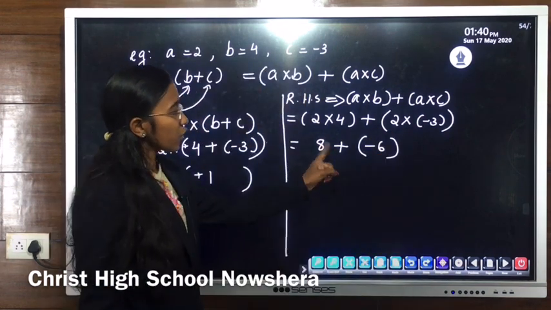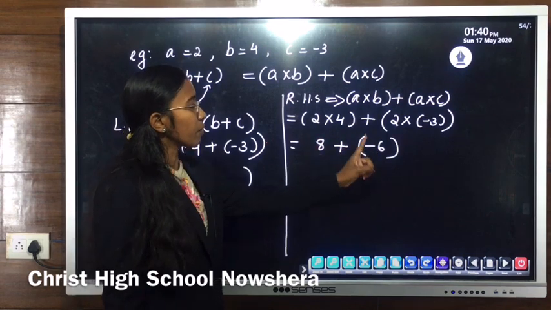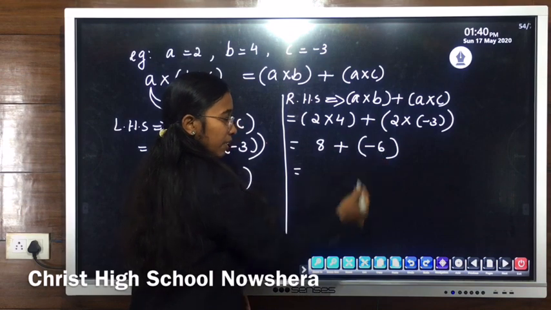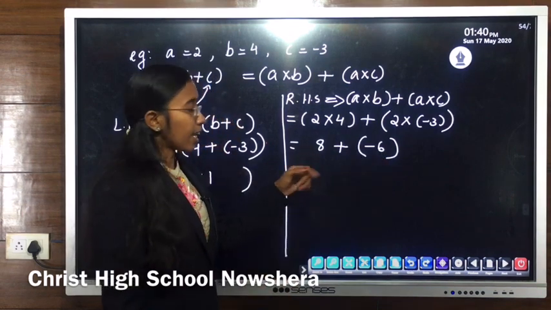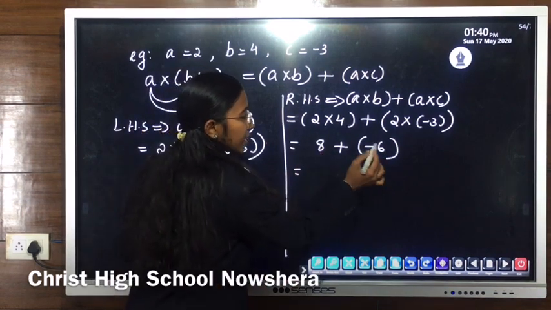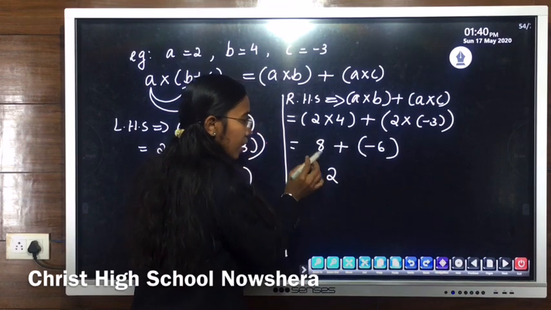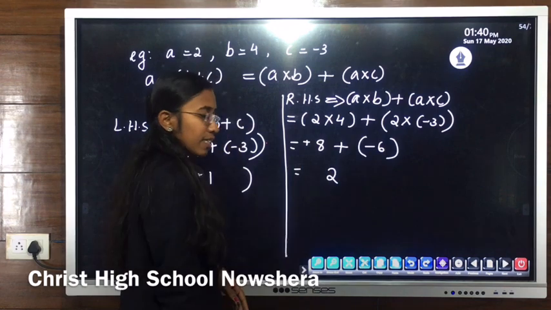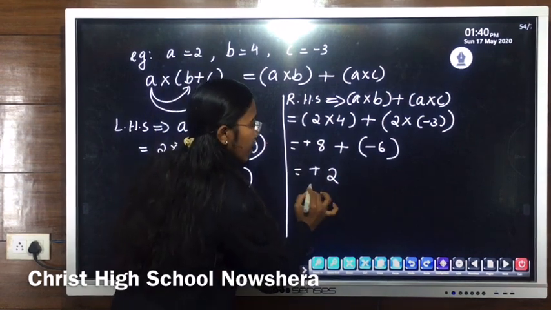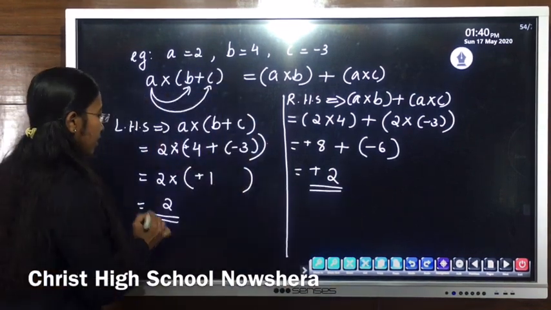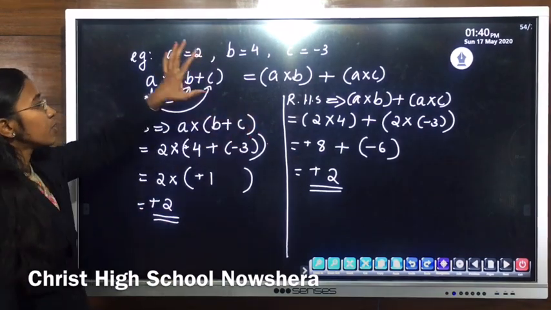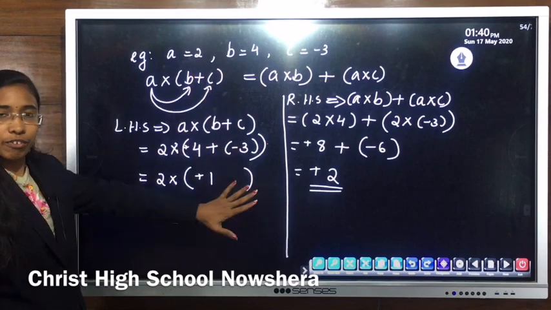This is addition of two integers, one is positive and one is negative. So find the difference between the two numbers and put the sign of the largest number. The difference between 8 and 6 is 2. Here 8 is the largest number. The sign of 8 is plus here. So our sign is also plus. Here is also plus. That is, LHS and RHS are the same. So this distributive property we have verified here.